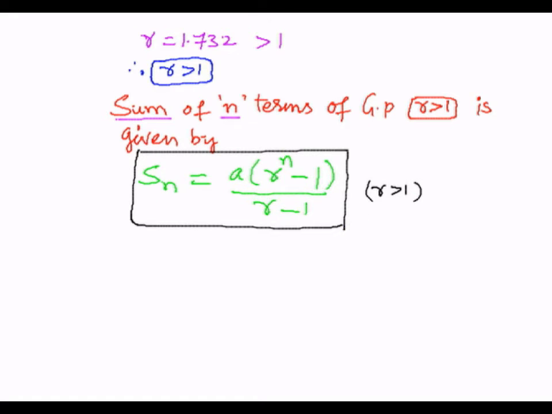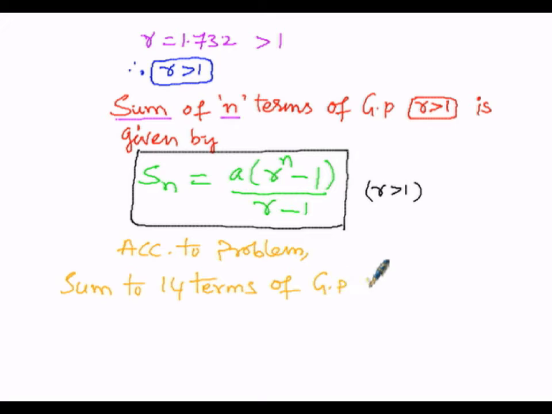But here, according to the problem, we have to find out the sum to 14 terms. So here sum to 14 terms of GP is given by, in order to find out the sum, we will denote it by S. Since it is of n terms, we wrote it as Sn.